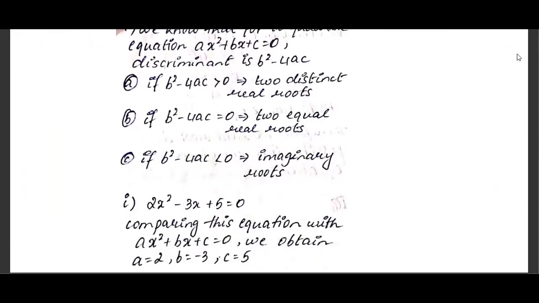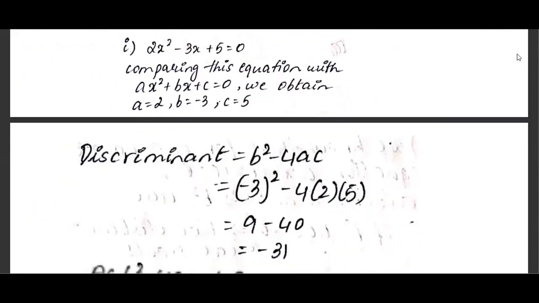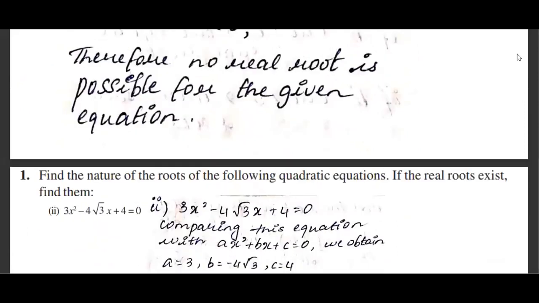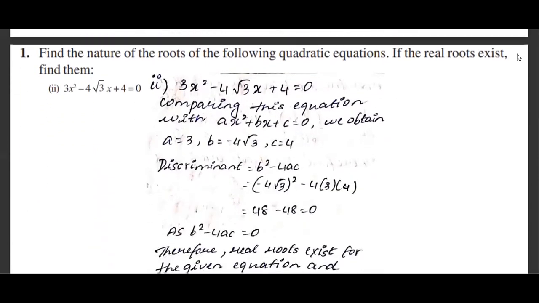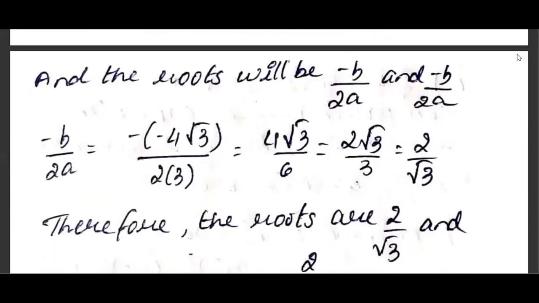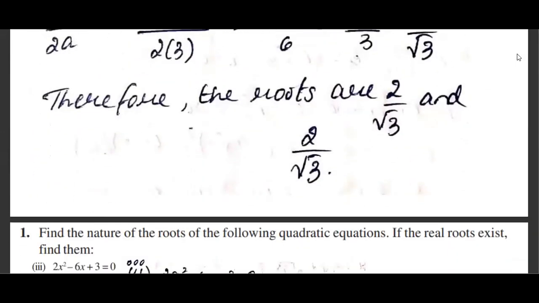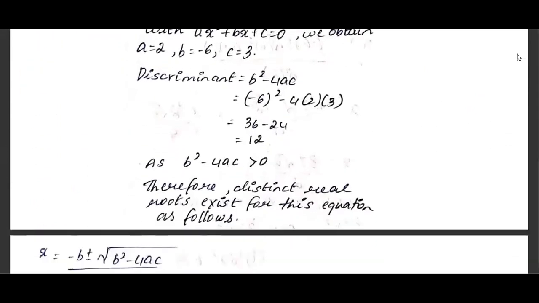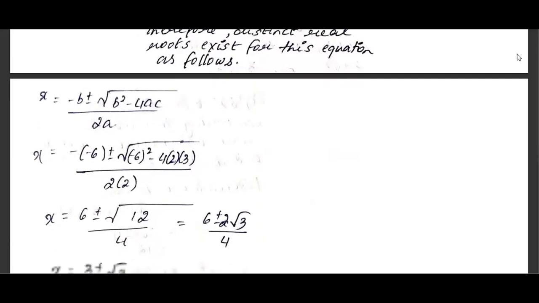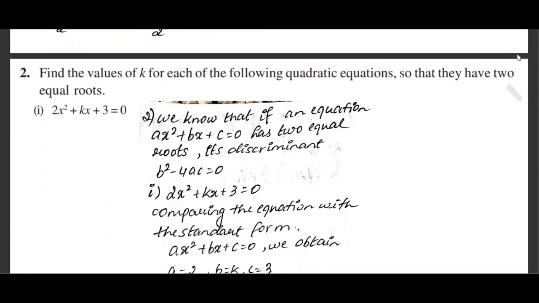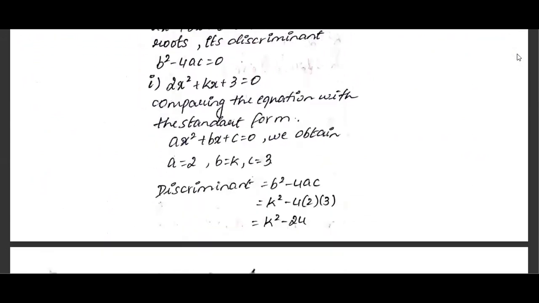So in this video lecture, we started with nature of roots, finding the nature of roots using the discriminant, first finding the discriminant, and then solving the quadratic equation and finding the values, two roots, and then finding the value of k, an unknown variable k, we deal with it.